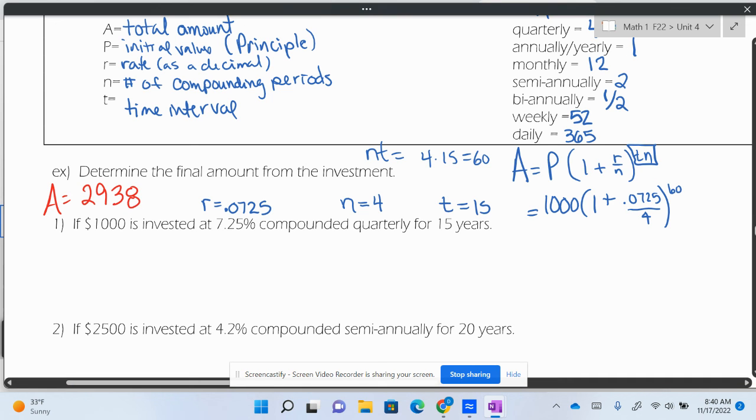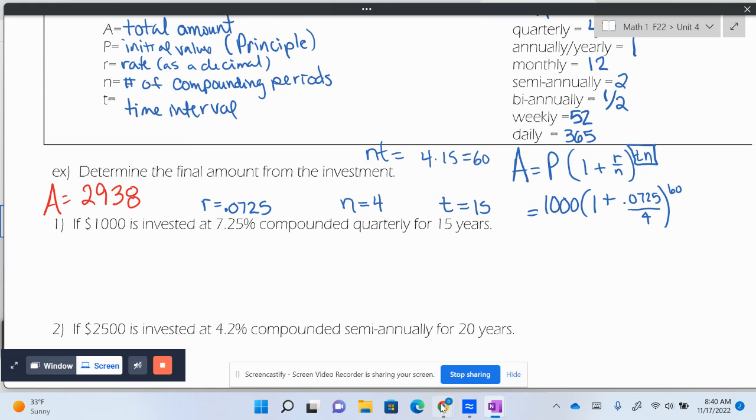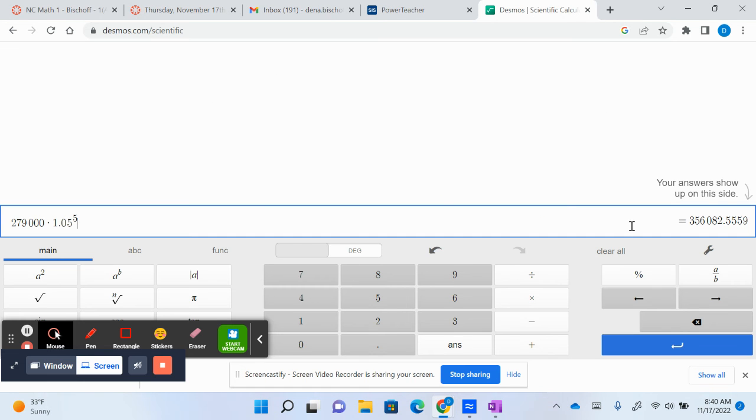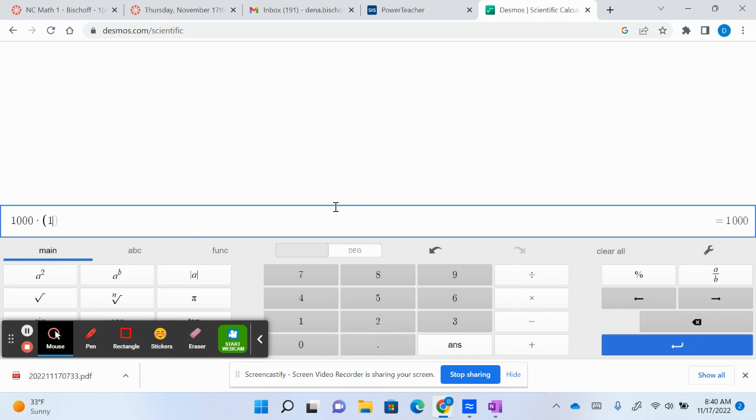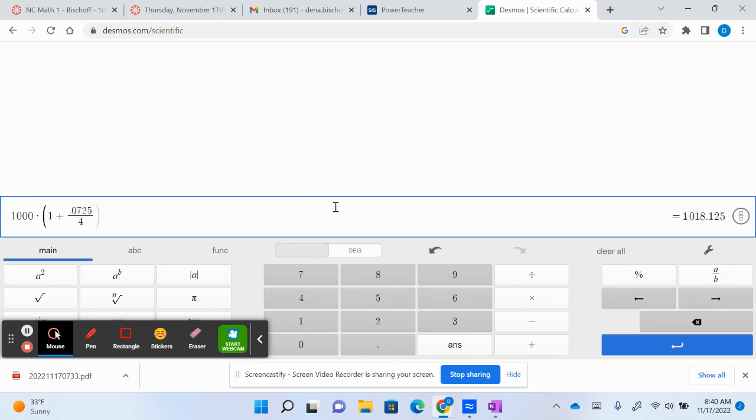Do you want me to show you in Desmos what this looks like? Let's pull it up really fast. So in Desmos, I have 1,000 times 1 plus 0.0725, sorry, divided by 4, close your parenthesis, to the power of 60.